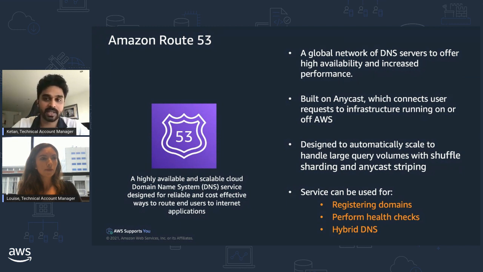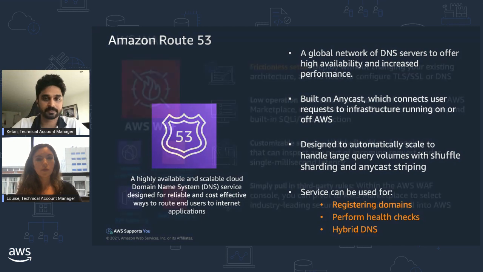You can take this one step further by setting up routing policies on Route 53 with the use of health checks. For example, if you see a certain application is down, you can use Route 53 to start directing your traffic to another region or a disaster recovery setup. Apart from this, you have other functions like domain registration, where you can purchase domains. You have health checking. You also have hybrid DNS setup between your on-premises environment and the cloud.